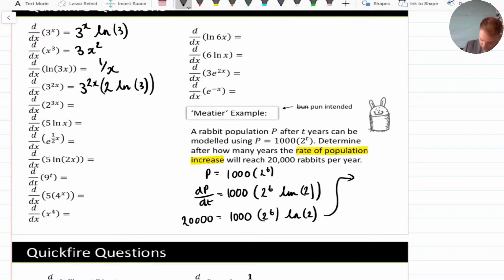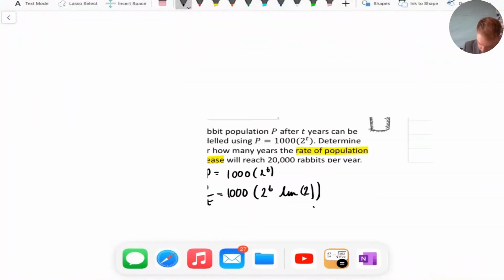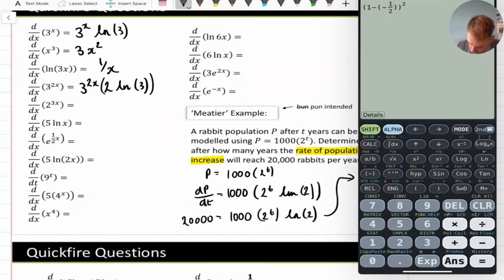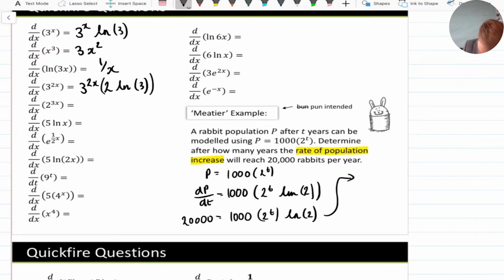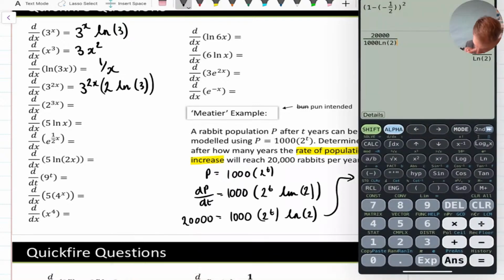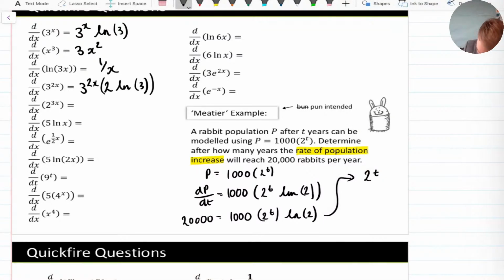So 20,000 divided by 1,000 is 20, so 2 to the t is equal to 20 over ln of 2.